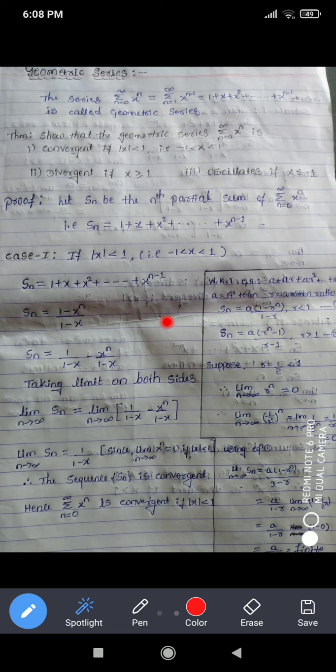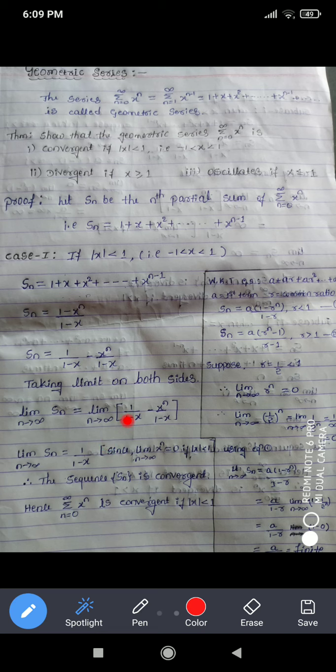Okay, so here I am using S_n is equal to 1 minus x raised to n divided by 1 minus x. Now we can split this equation like this: S_n is equal to 1 upon 1 minus x, minus x raised to n divided by 1 minus x. Now applying the limit on both sides, we get limit n tending to infinity of S_n is equal to limit n tending to infinity of that term.